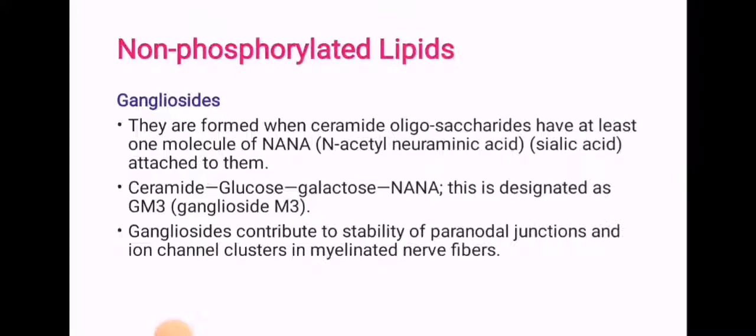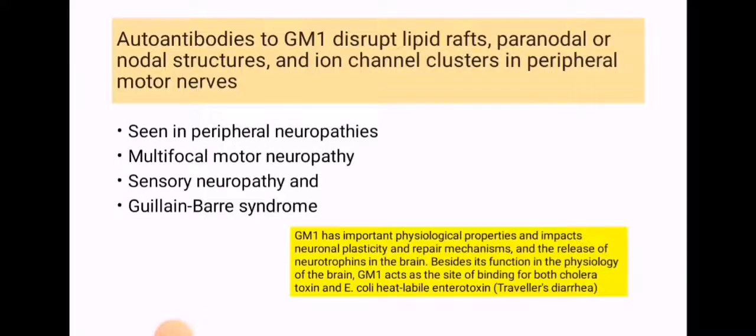Gangliosides contribute to the stability of the paranodal junctions and ion channel clusters in myelinated nerve fibers. Autoantibodies to GM1 disrupt the lipid rafts, paranodal or nodal structures, and ion channel clusters in peripheral motor nerves. So it is seen in peripheral neuropathies, multifocal motor neuropathies, sensory neuropathies, and Guillain-Barré syndrome.